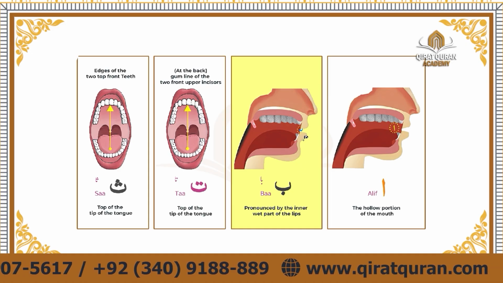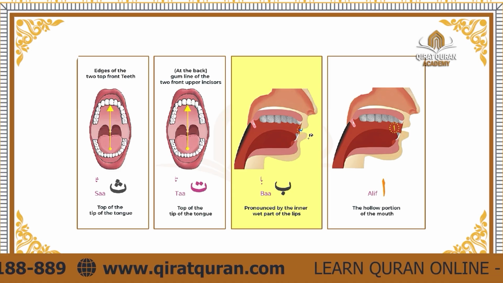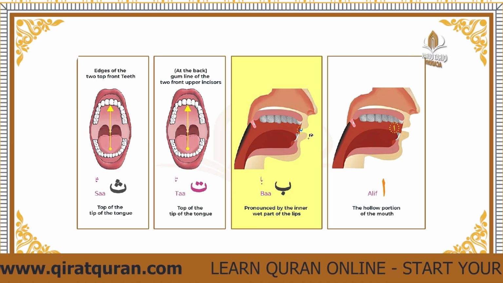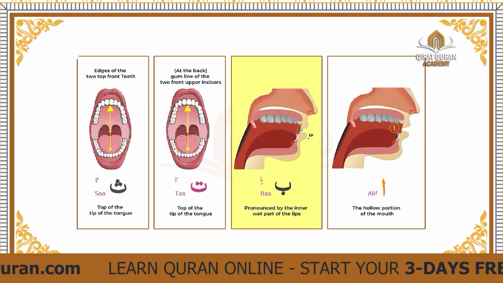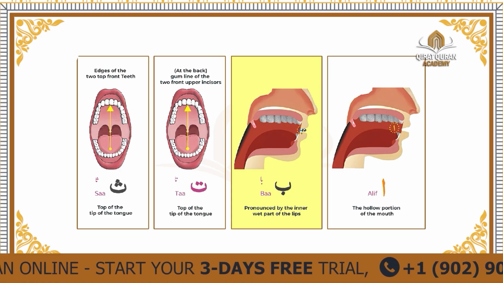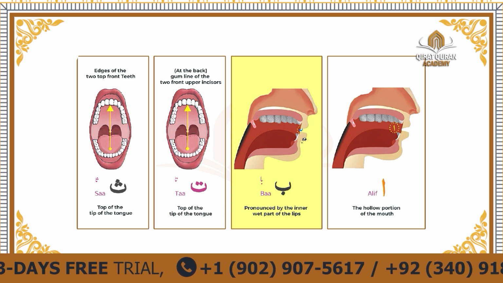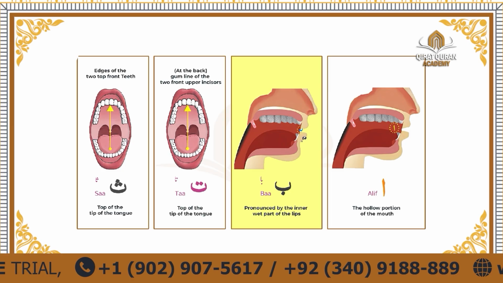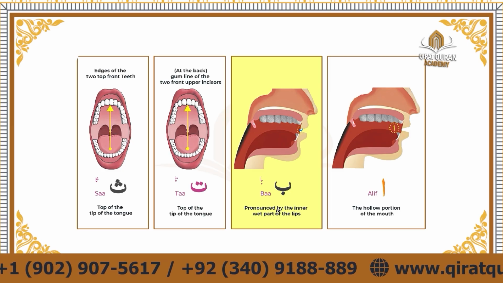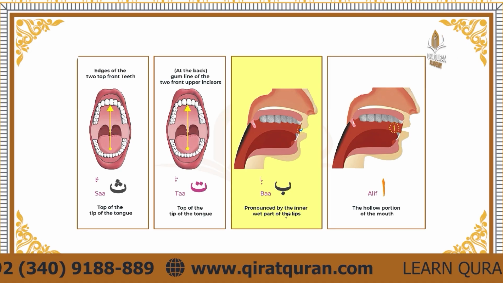As you can see here, we have to use the inner sides of the lips, and we have to read the Ba from there. Ba, as it's written there, pronounced by the inner wet part of the lips.